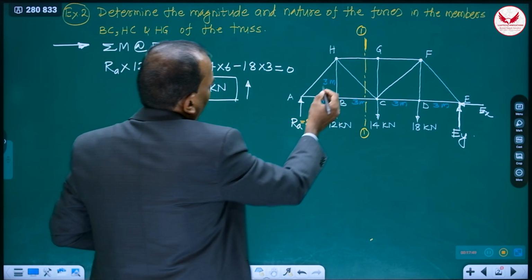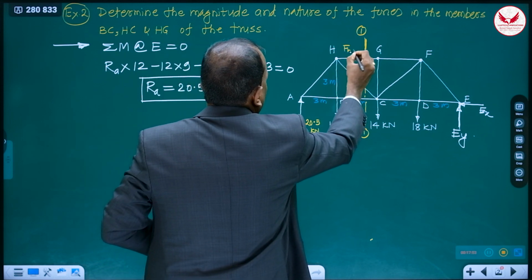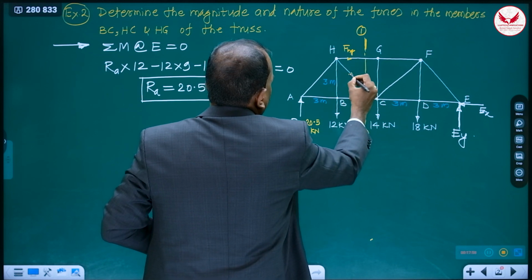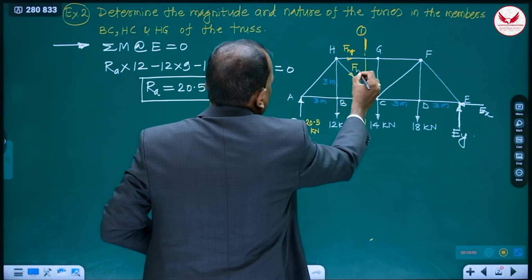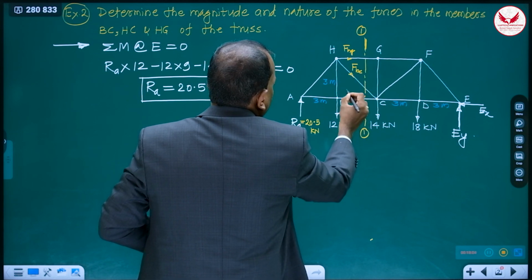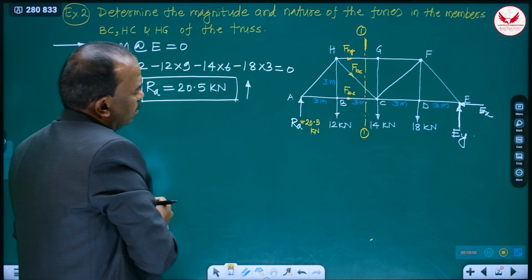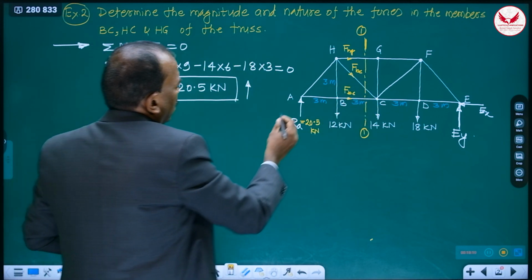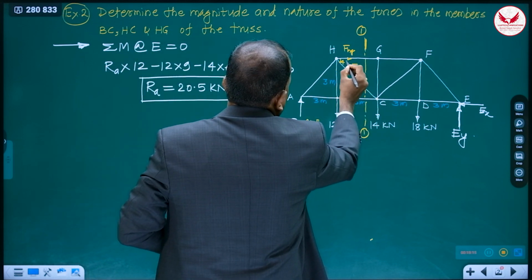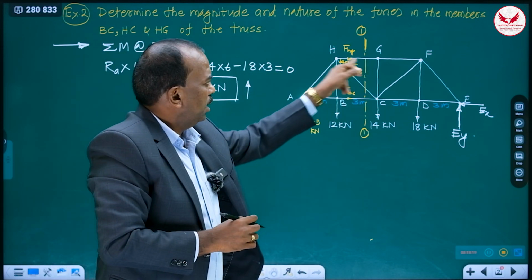Then straight away you consider this is FHG member, FHG tensile. This is FHC, it is also tensile, and this is FBC, it is also tensile. These are the three members. Whatever this inclined member is there, straight away we can write its angle 45 because it is 3, it is 3.